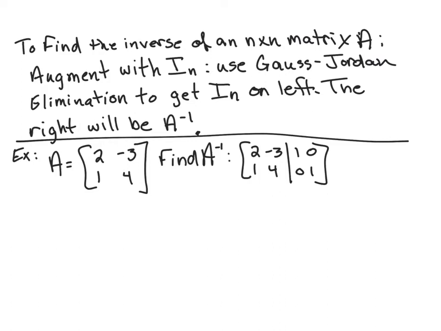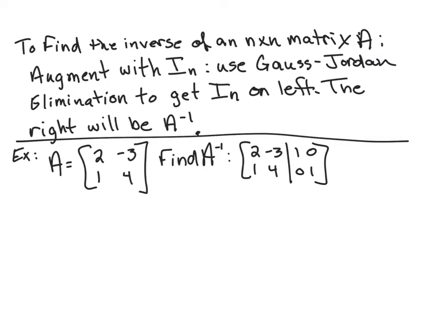Now remember, you can invert these rows. They can trade places, because if you think about solving a system of equations, does it matter which equation is the first one and which equation is the second? It doesn't, as long as you keep the equation intact when you switch places. So I could make row 1 be row 2 and row 2 be row 1.